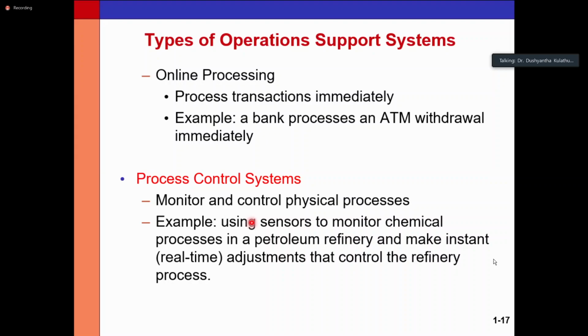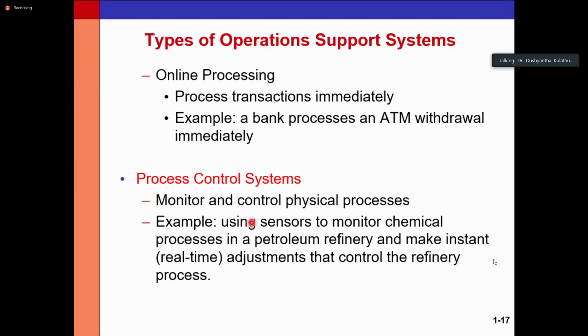You may have to add a particular chemical when the existing mixture reaches a particular temperature. The sensors can identify whether the existing mixture has reached that temperature. When it has been reached, the system can instruct to mix the next chemical into the existing mixture.